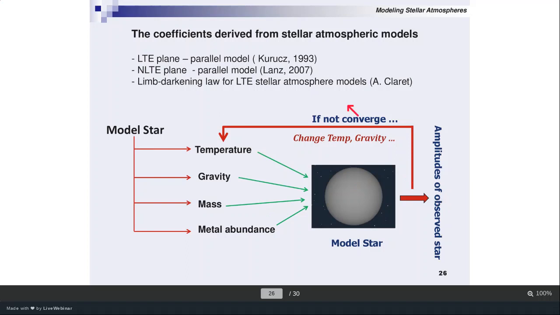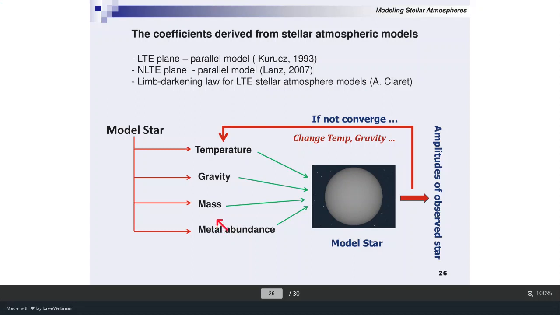The theoretical modeling is the most complex part of this research, because it depends on so many factors: temperature, gravity, mass, metal abundance. All these have to be taken into account, because all these factors determine the theoretical amplitude of these oscillations.